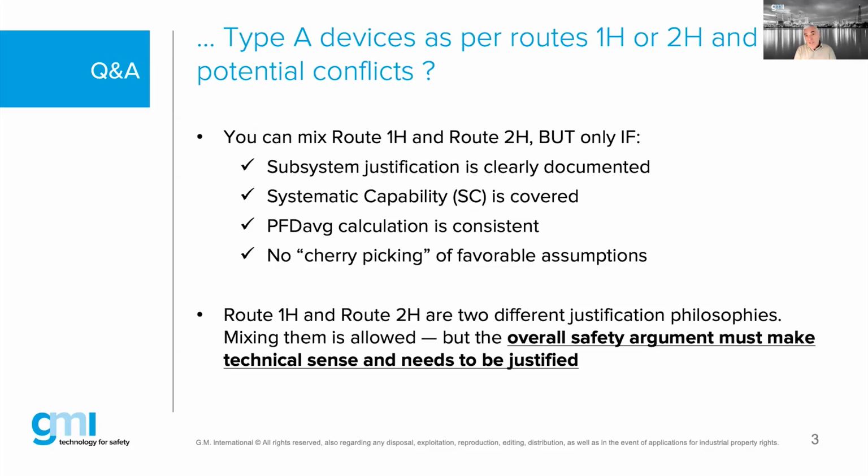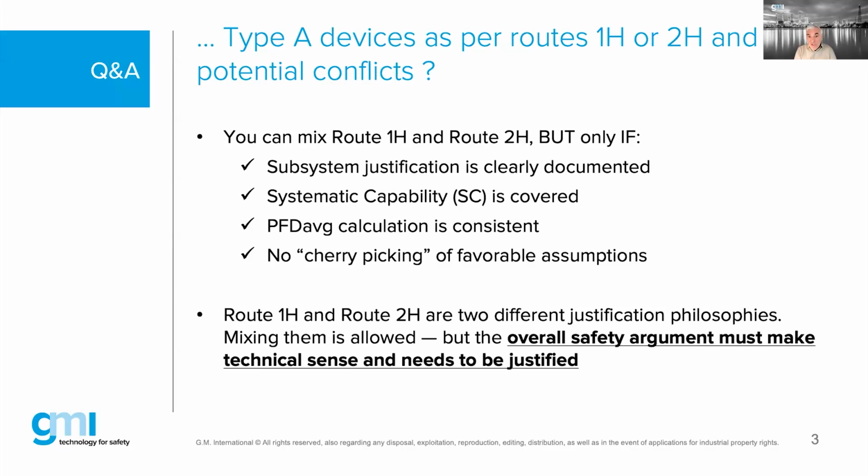Also, you need to prove the reliability, or the PFD, which stands for probability of failure on demand, and the average is based on your proof test interval and your proof test coverage. All this estimation needs to be consistent on the specific subsystems.